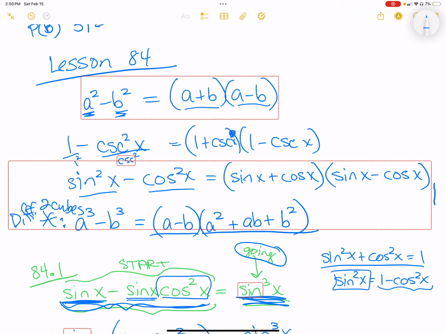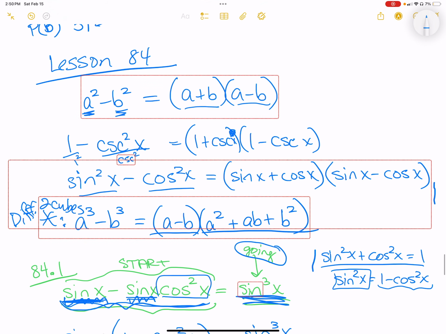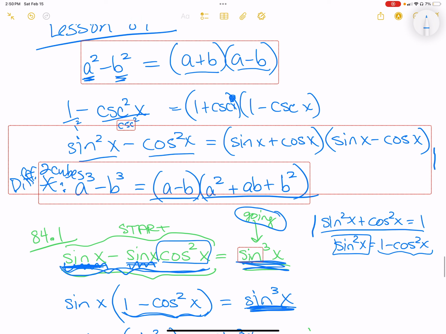And I notice that I have a sine x in both of these terms. And so I can factor out sine of x. So if I pull out sine of x, what's left is sine of x, so that's pulled out. And if I take it out of here, I have 1. And if I take it out of here, I have cosine squared x.